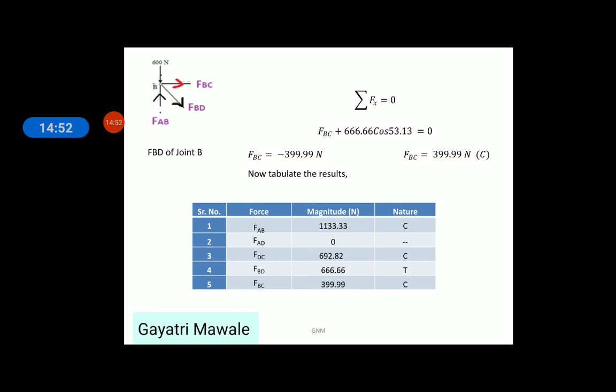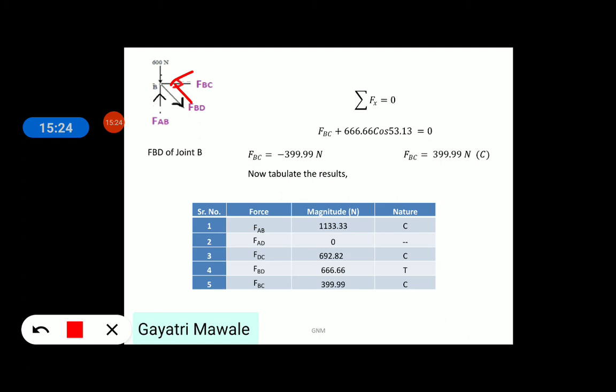Force in BD member also we have calculated. Now force in only the BC member is unknown. So to find out force in the BC member, we can use summation Fx equals 0, and it gives me that FBC is 399.99 Newton with a negative sign. It means, as we have assumed earlier, FBC is tensile, so we get a negative answer. It means it is not tensile but it is compressive like this.